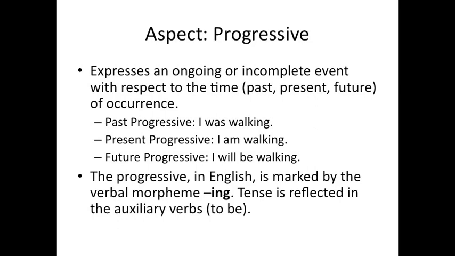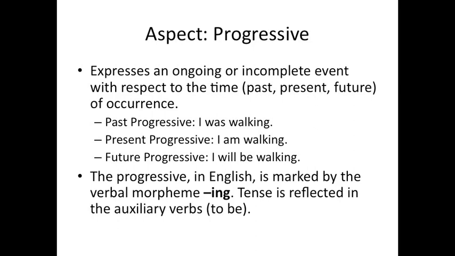I was walking. Present progressive, now you see "I am walking." "Am" is present, and then the -ing on "walking" tells you that it's ongoing, and it's progressive. I am walking. Future progressive. I will be walking. Now in this case, "will be" reflects the future tense, and the -ing morpheme on "walk," making "walking," makes it progressive.